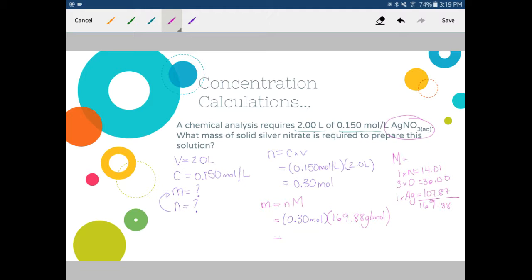When I plug that into my calculator, I get 51.0 grams. So in order to create a 0.15 mole per liter solution of silver nitrate, I'm going to need 51 grams of silver nitrate to weigh out and dissolve into my 2 liters.